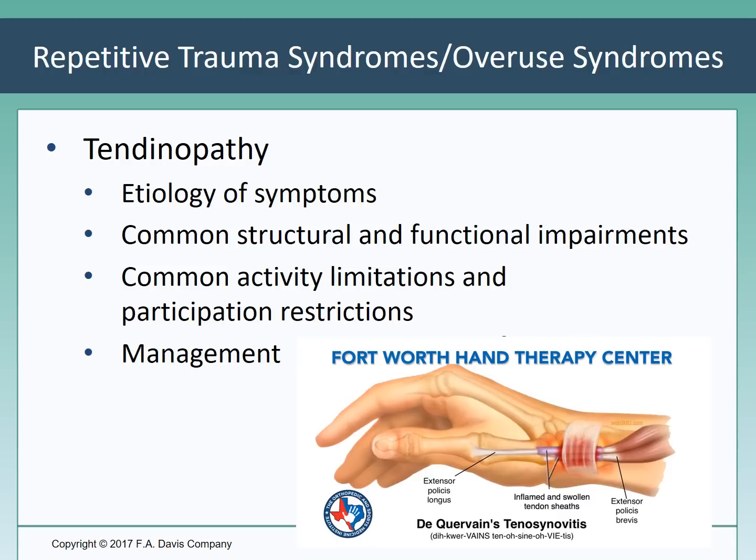So even if we're back in the protection phase and we have to protect the tendon itself, we may still be able to work on some of those postural muscles up top or the shoulder function or elbow function, because that won't compromise the tendon that we're protecting down in the hand. So remember, the protection phase is local protection. You can still work on the things that are above or below, depending on where you are, to try to maintain or promote more function.